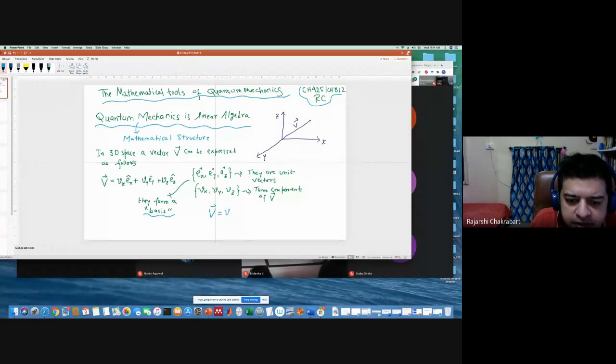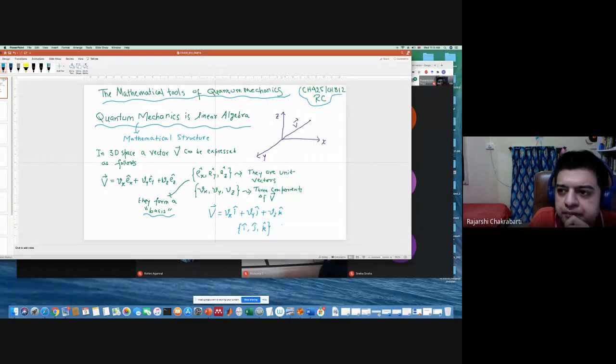This is something like Vx times i cap, plus Vy times j cap, plus Vz times k cap. Same thing, only a different notation. This i is not root over minus 1. This is the unit vector along the x-axis.